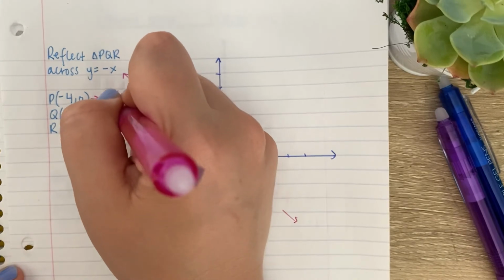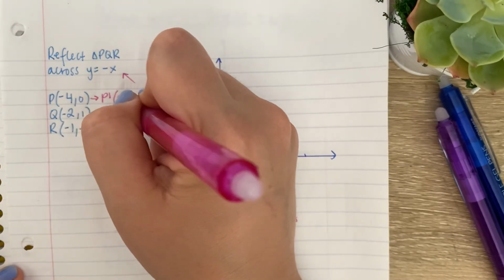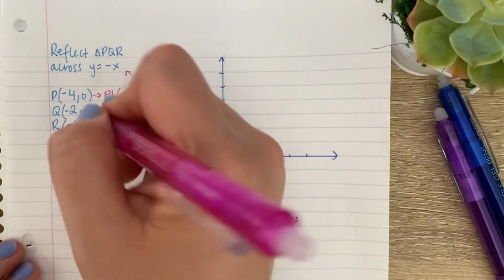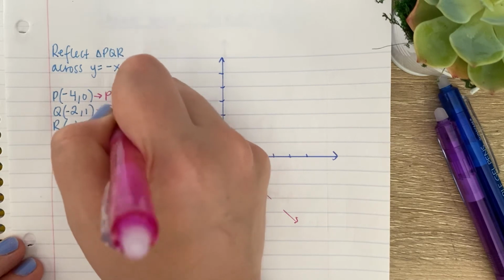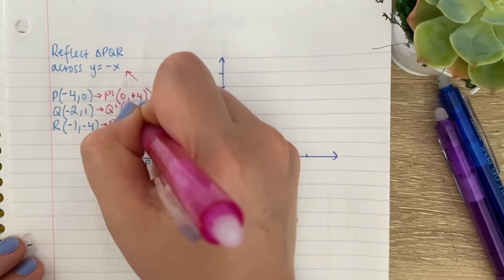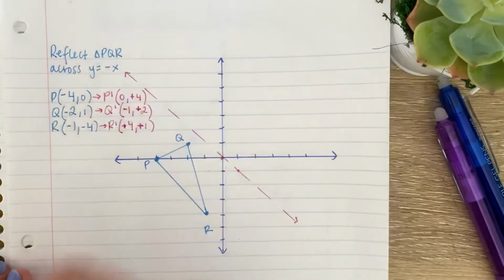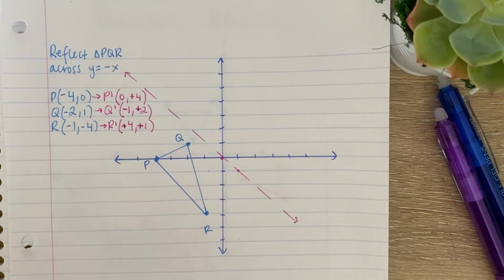So the 1 becomes a negative and the 2 becomes a +2. Obviously, you don't have to put the +2, you can just erase the sign. And then R prime is -4, -1, but then I change the sign. Notice, not only do I flip the numbers, but I change the sign on everything.